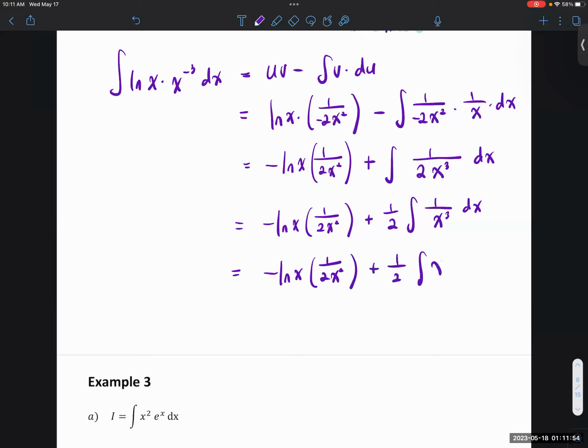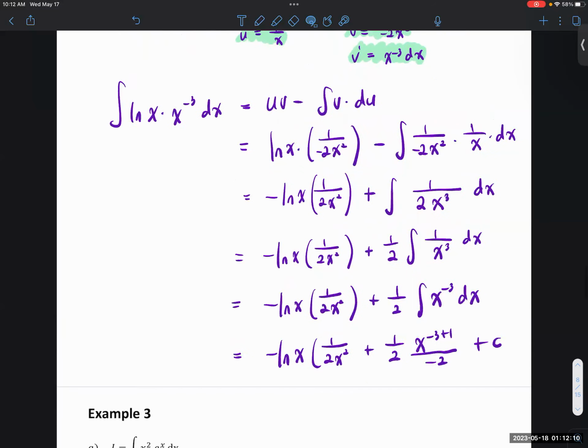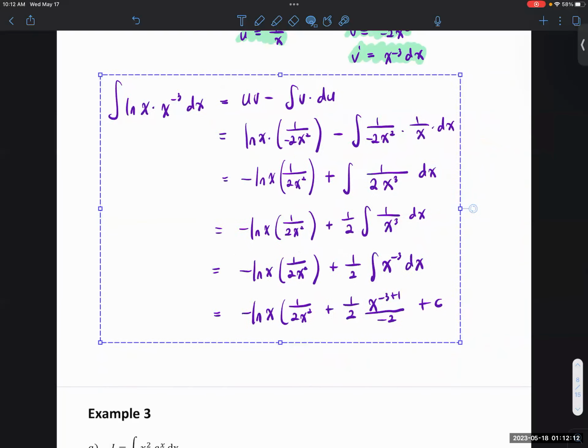This means x to the negative third dx. So now we can finalize it. 1 over 2, x to the negative 3 plus 2 over negative 2, plus c. I need a little bit of space.